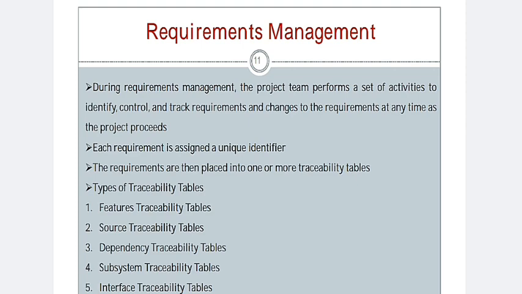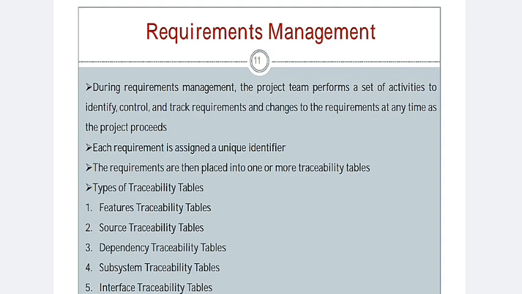We also have to keep track at different intervals in the development process to check whether all the requirements have been implemented. During requirements management, the project team performs a set of activities to identify, control and track requirements and changes to the requirements at any time as the project proceeds.